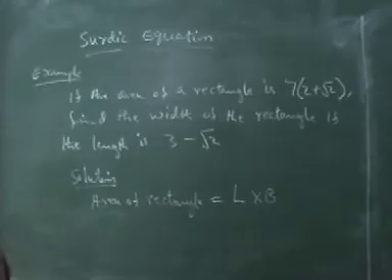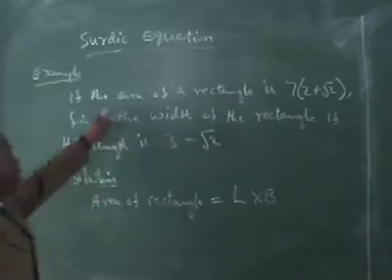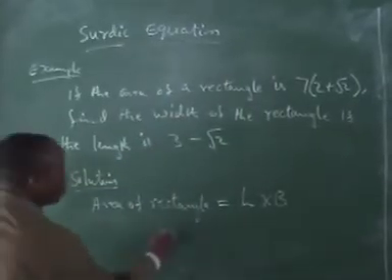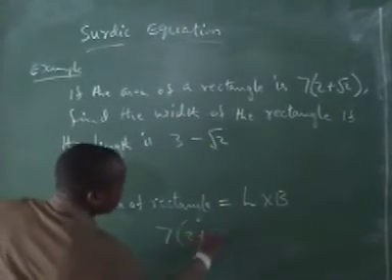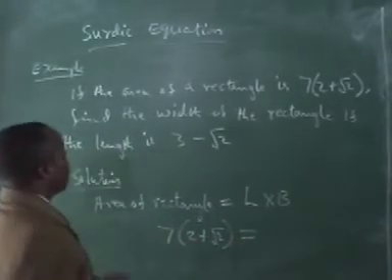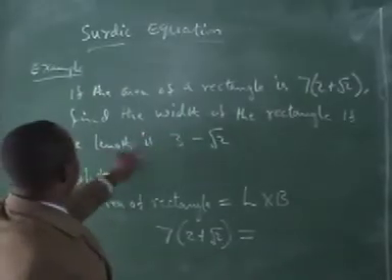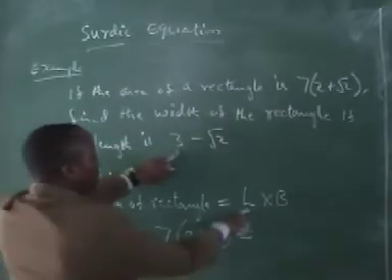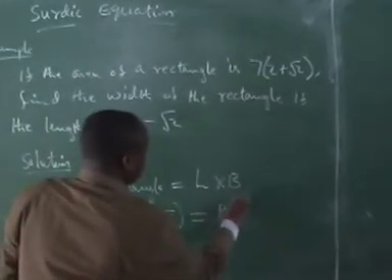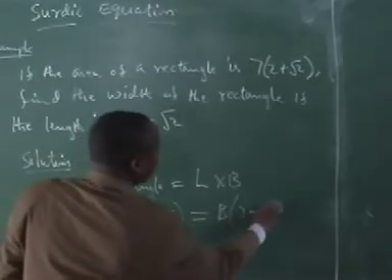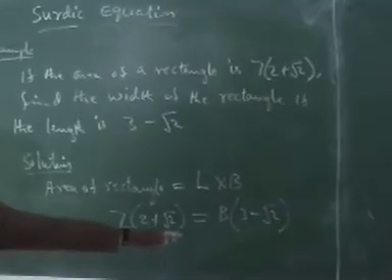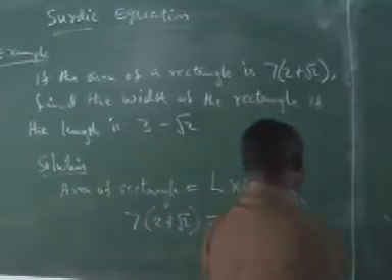So we are given that the area of the rectangle is 7(2 plus root 2), so we fix that here as the area. They say find the width of the rectangle if the length is 3 minus root 2. So it's only the breadth that we are not given.